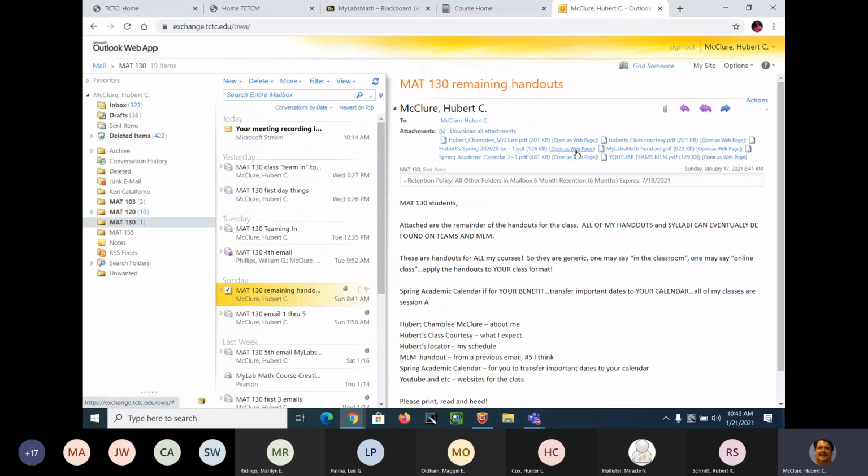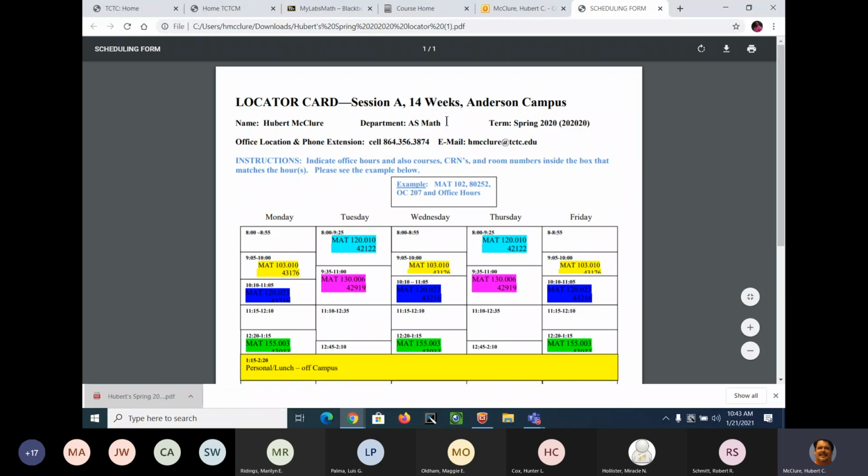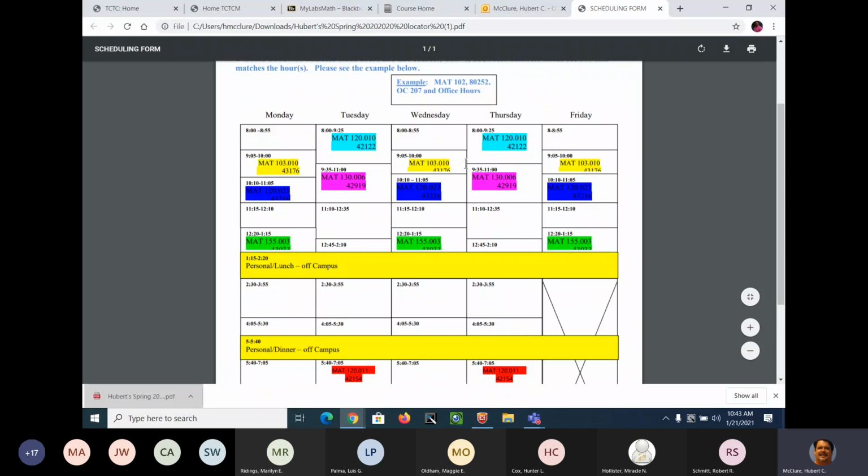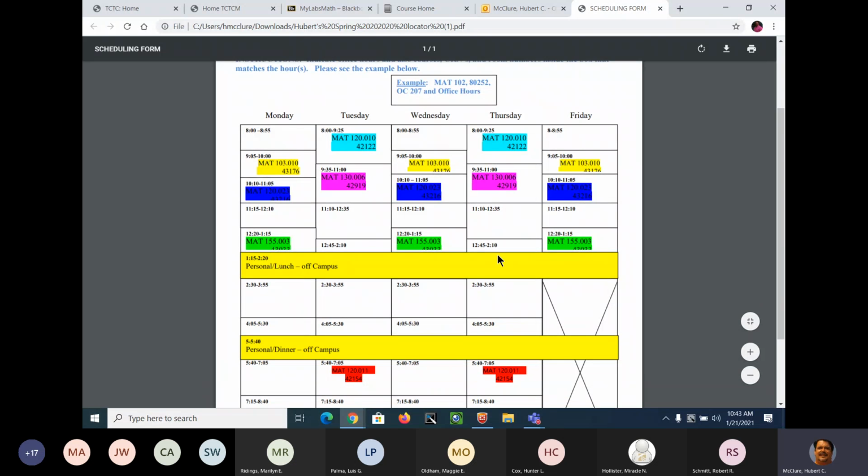Oh, my locator card. Why do I give you my locator card? Well, it don't help y'all very much because I don't have another Math 130. But there's two reasons for my locator card. One, if you're in Math 120 and you miss class, you could attend my 120 here or my 120 at night. So that shows you my classes in case you need to attend another class. Since y'all don't have another 130 class, why do you need it?